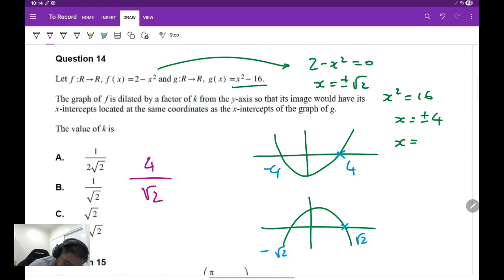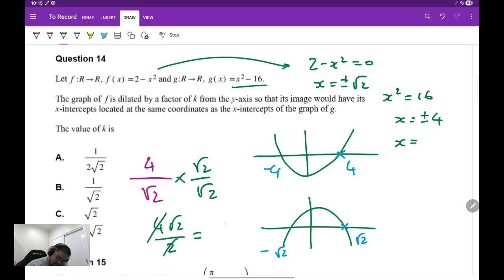Okay, so this scale factor will hopefully then be something that we can rationalize. So this is the correct answer, but we should rationalize it, which gives us 4 on root 2 over 2, which means that we cancel this out. We get 2 root 2, and the answer should be D.